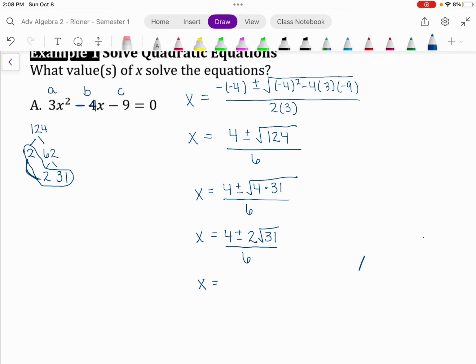You can think of these as two separate fractions if it's easier for you. For some people, that's a little easier to see why we reduce each fraction. So I'm going to reduce fractions, and when I do that, I can only do the numbers on the outside.